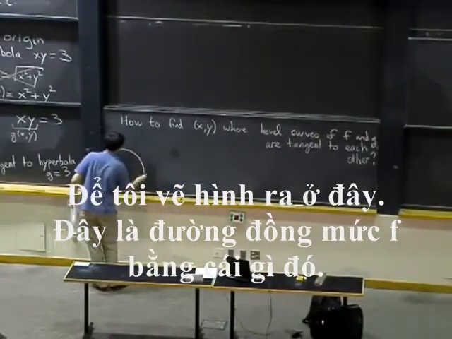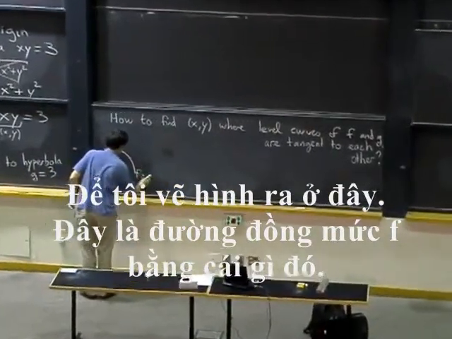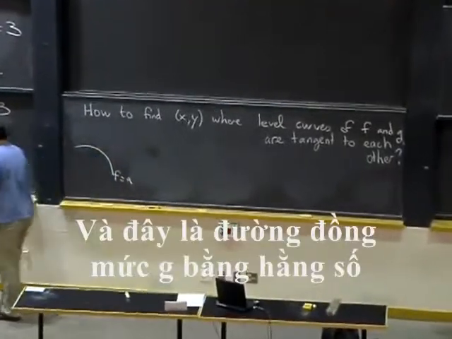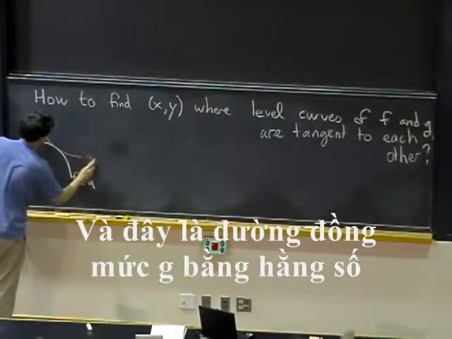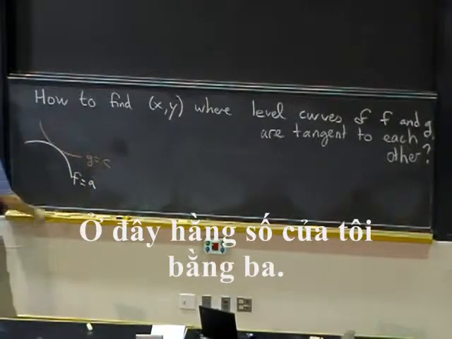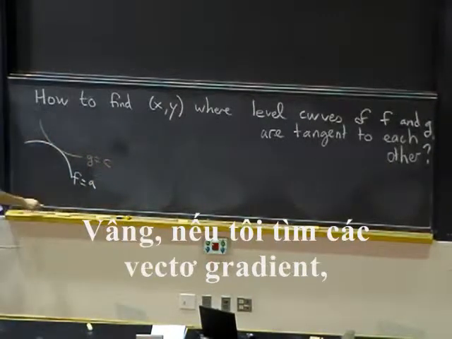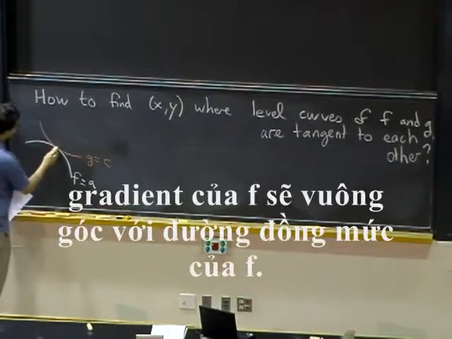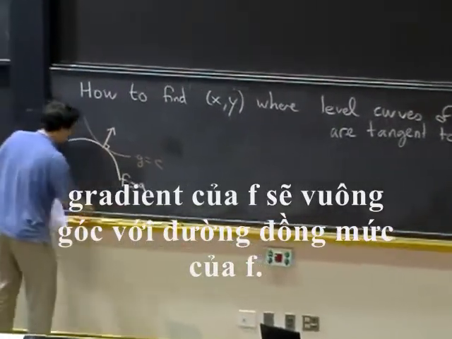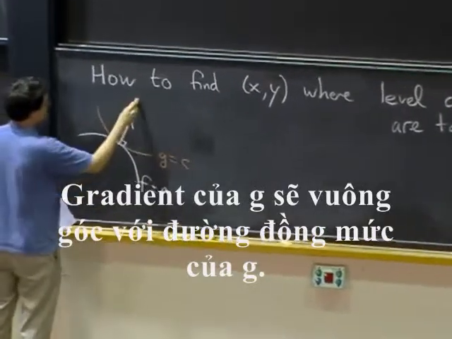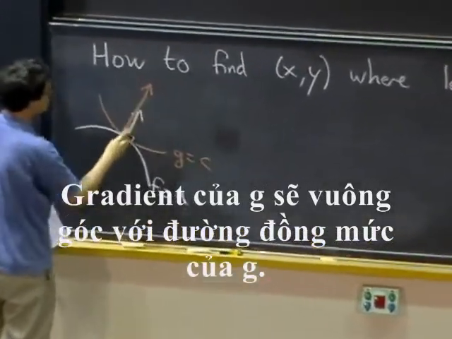So this is the level curve, maybe f equals something. And this is the level curve g equals constant. Here my constant is 3. Well, if I look at the gradient vectors, the gradient of f will be perpendicular to the level curve of f. The gradient of g will be perpendicular to the level curve of g.